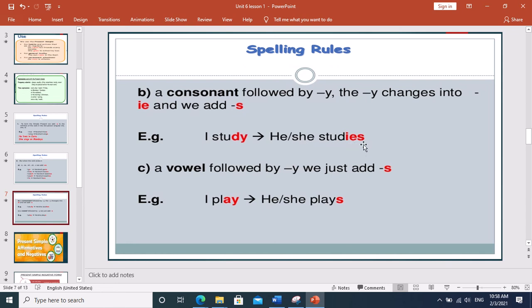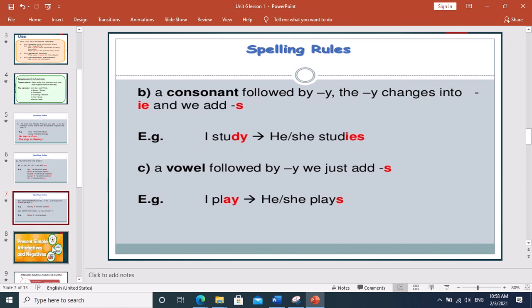Again, what is the difference between consonants and vowels? Vowel letters are a, e, i, o, u. These are vowel letters. If I have one of these, I'm going to keep y and put s only. But if I don't have one of these vowel letters before y, I'm going to cancel y and put es. Is it clear for everyone now?